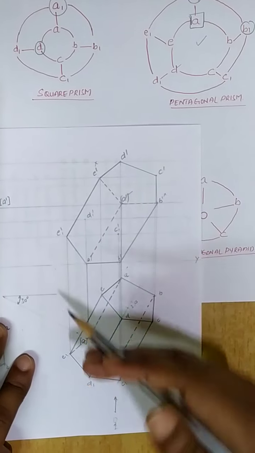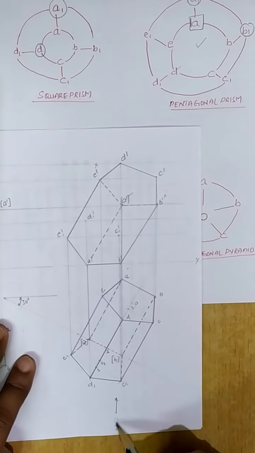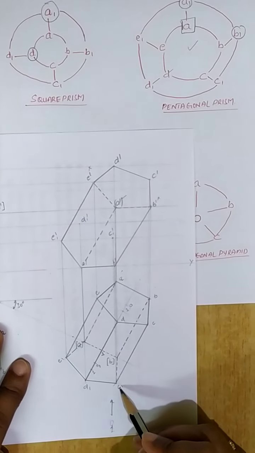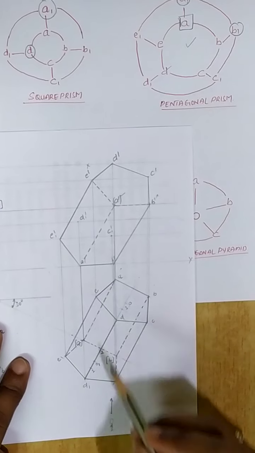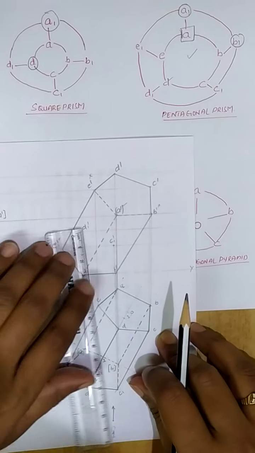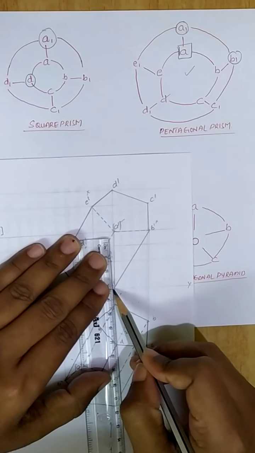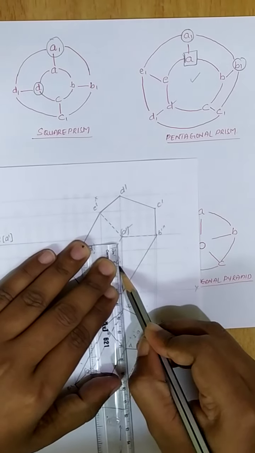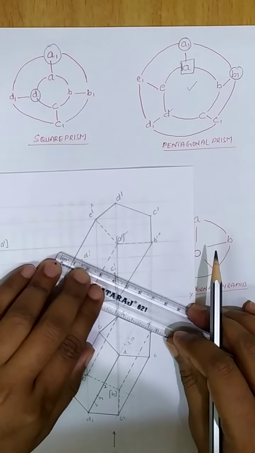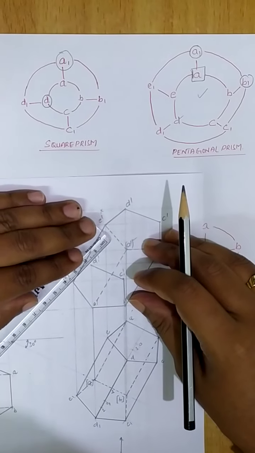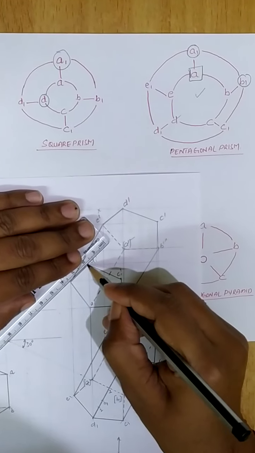This pentagonal face is visible to the person standing away from the XY line; the base is completely visible to the observer in the front view. Hence it should be drawn with thick continuous lines: A1, B1, C1, D1 and E1. This has to be made dark.